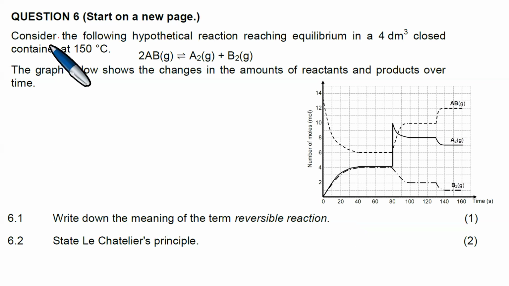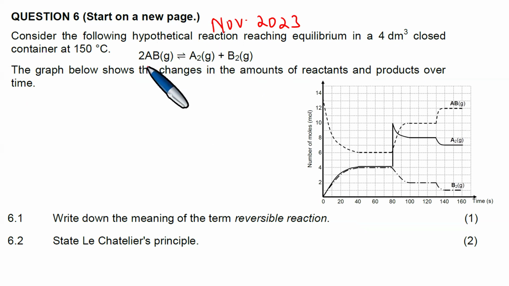Now, question 6. This question came from the November 2023 chemistry paper. Consider the following hypothetical reaction reaching equilibrium in a 4 cubic decimeter closed container at 150 degrees Celsius temperature. Obviously it is a hypothetical reaction.